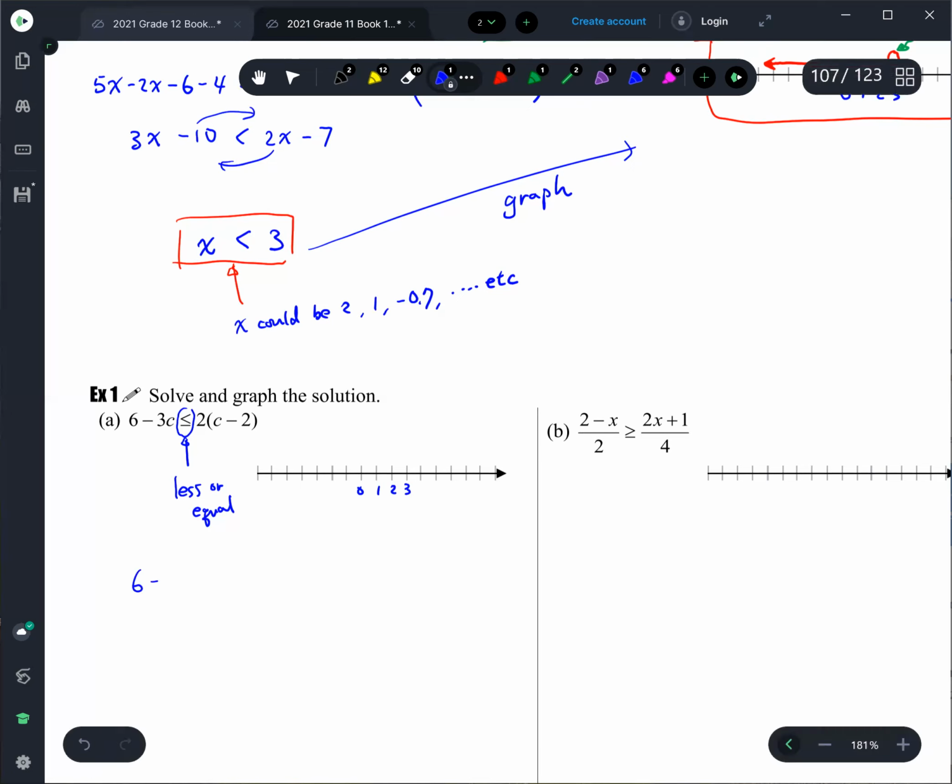Okay, let's expand. 6 minus 3c less than or equal to 2c minus 4.